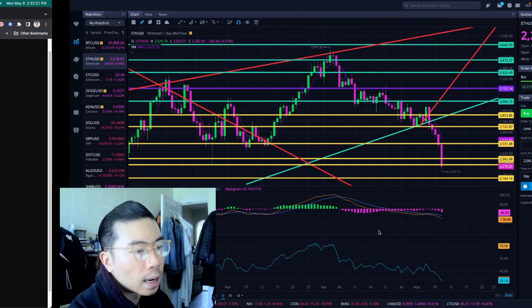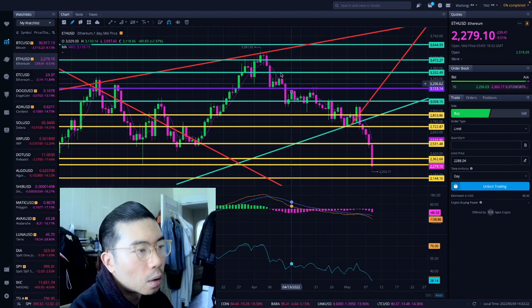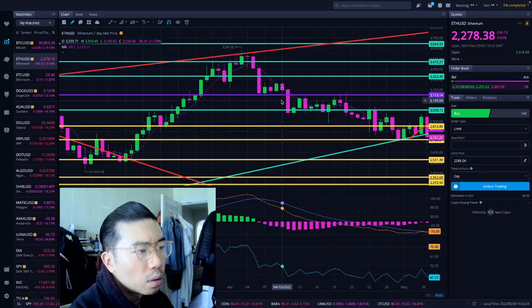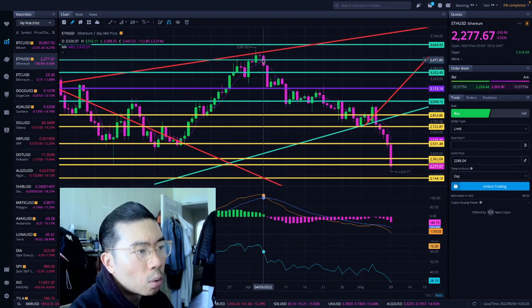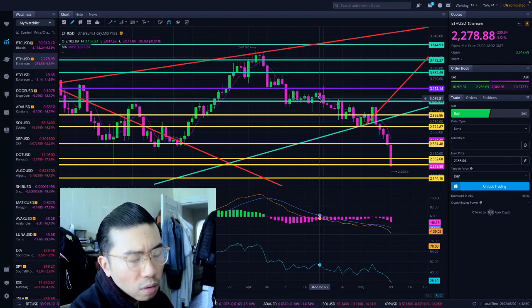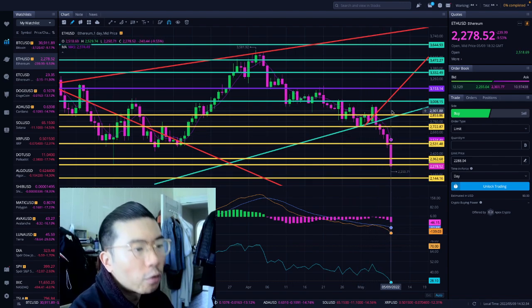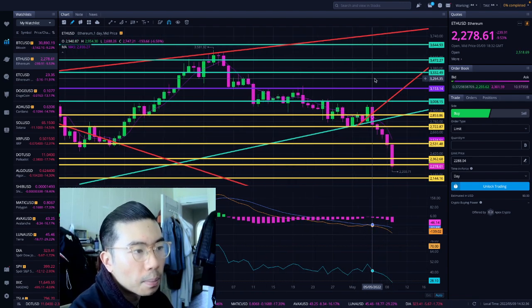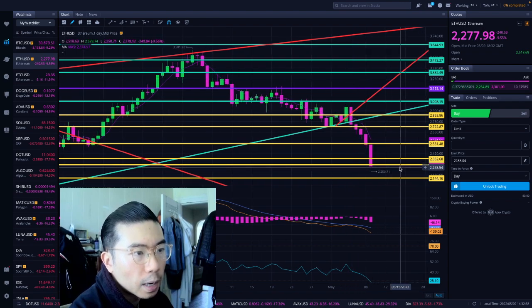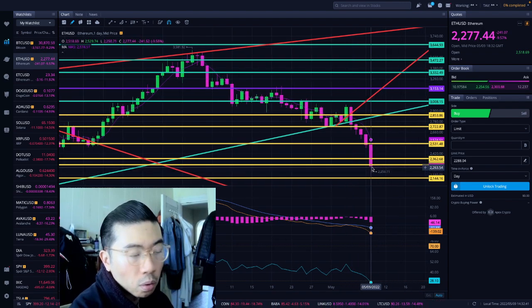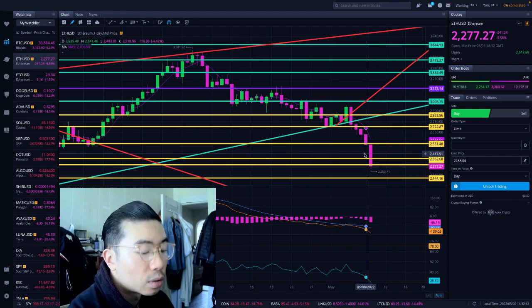Let's see how many valleys we've had so far. If you look at this more elongated, we have one, maybe two right here, and then three. And the fourth one is a big one that we're forming today, but we should technically see some sort of a rebound as we recuperate back up from 2250.